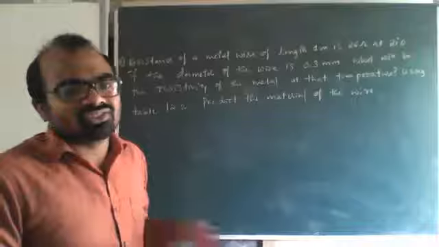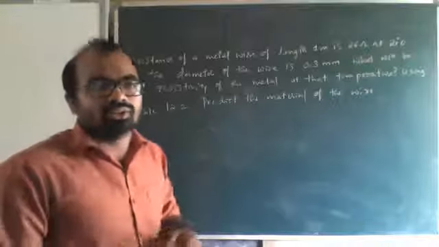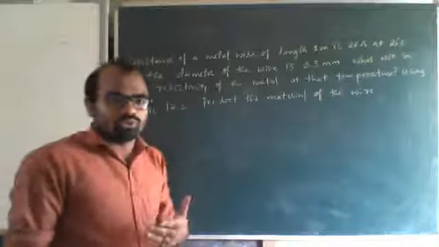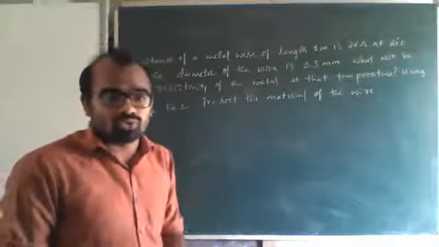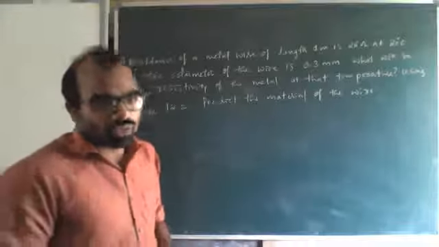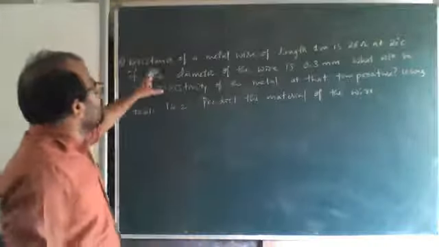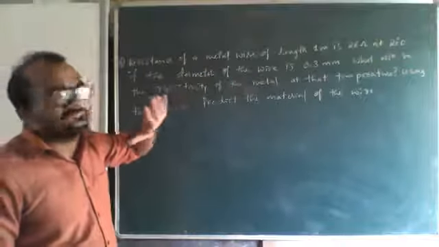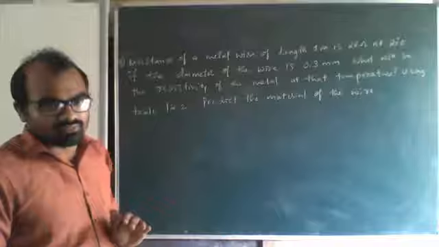If you have not done it, you can still observe here and note down the problem, and try to solve it by pausing the video. If you cannot solve it, then continue to watch the video. Resistance of a metal wire of length 1 meter is 26 ohm at 20 degrees Celsius.